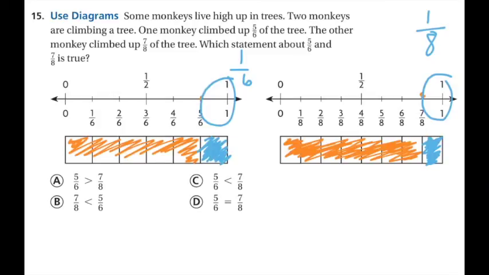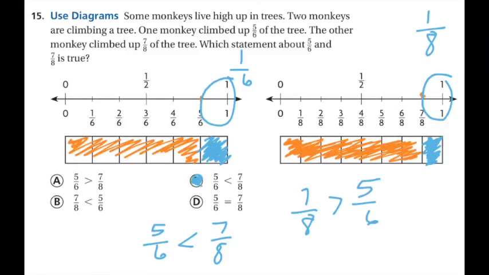So 7/8 is going to be greater than 5/6. Or I can write it the other way: 5/6 is less than 7/8. So that's the answer choice I'm looking for, and it looks like that is what they give us with C.